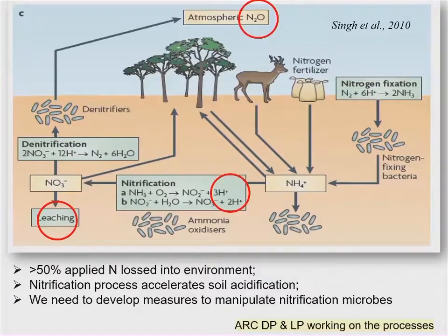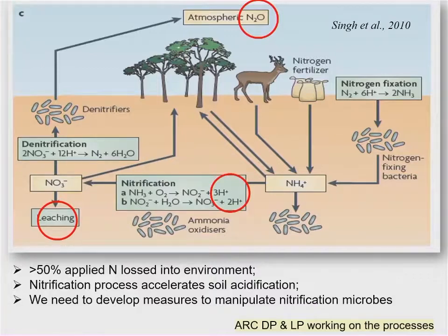So how does this research contribute to agriculture and nutrient management? More than 50% of applied nitrogen can be lost into the environment. This causes a lot of detrimental environmental problems: greenhouse gas emission, eutrophication, and the nitrification process accelerates soil acidification.